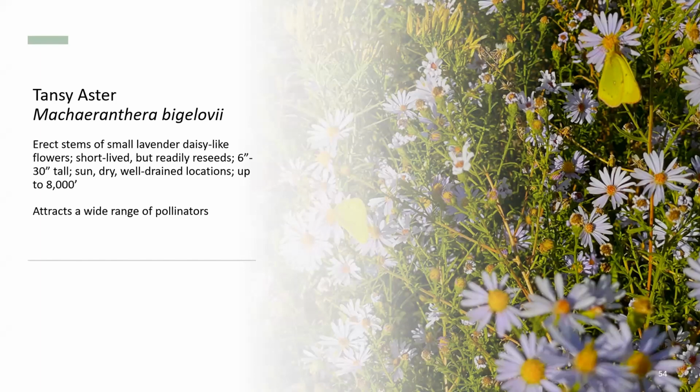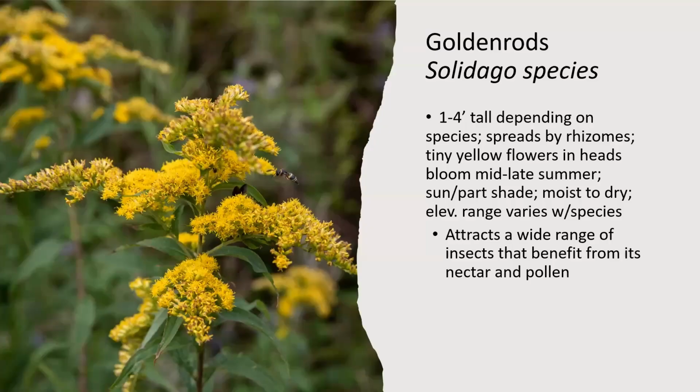And I think this one and the sunflowers have extrafloral nectaries, which means that they have nectar sources other than on the flower. So it means that all kinds of pollinators will be having a field day with this plant. It has lavender stems up to 6 to 30 inches tall, depending on the moisture availability. Goes up to 8,000 feet.